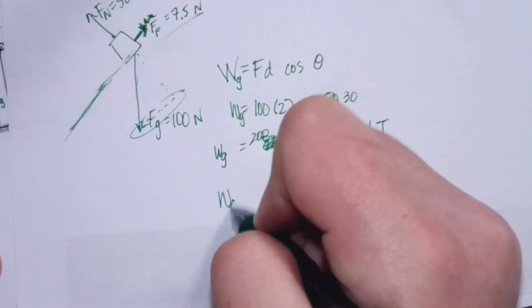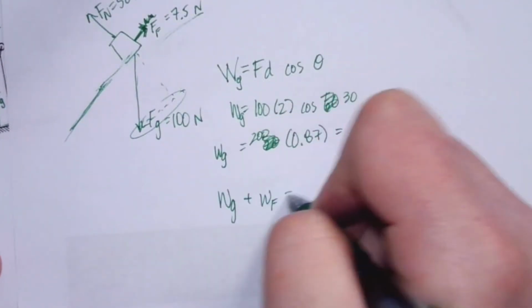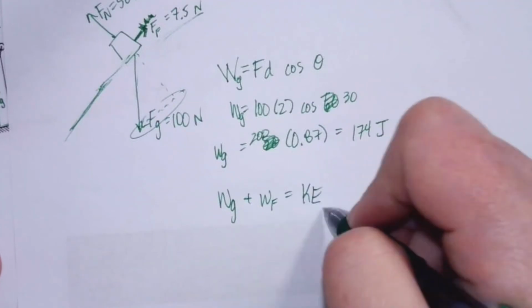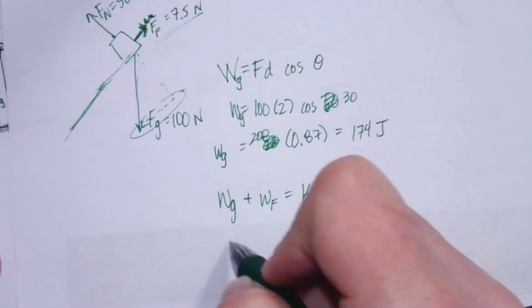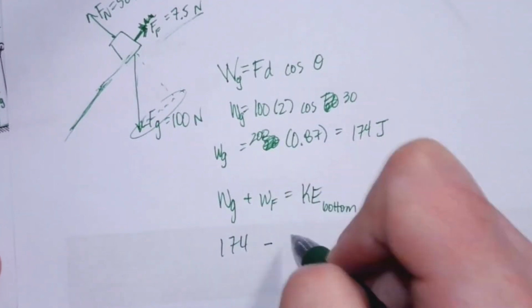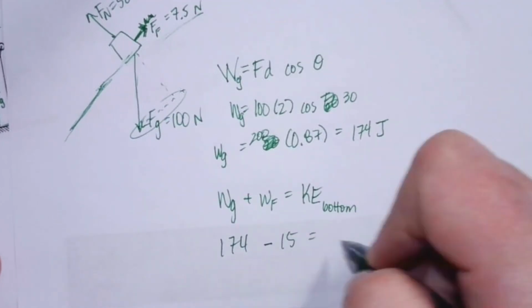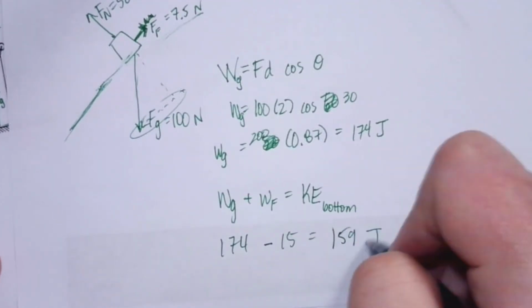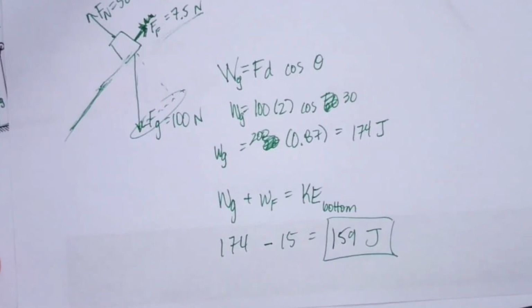The work done by gravity plus the work done by friction is going to give us our KE at the bottom. The work done by gravity is 174. The work done by friction is negative 15. So that is 159 joules at the bottom for kinetic energy.